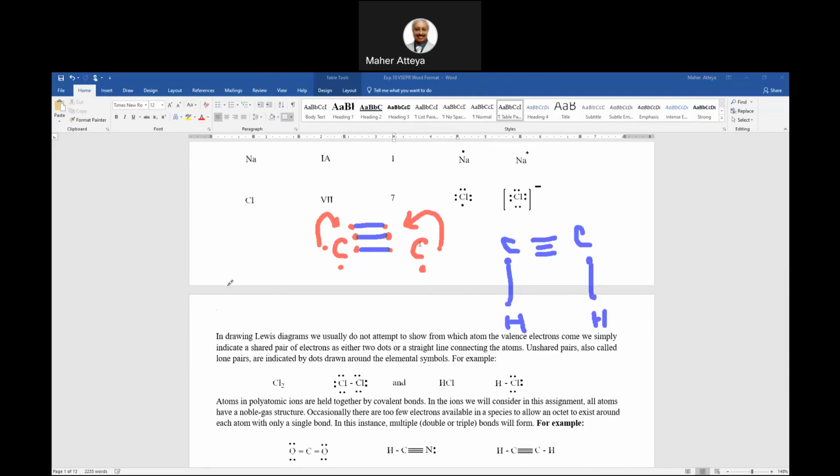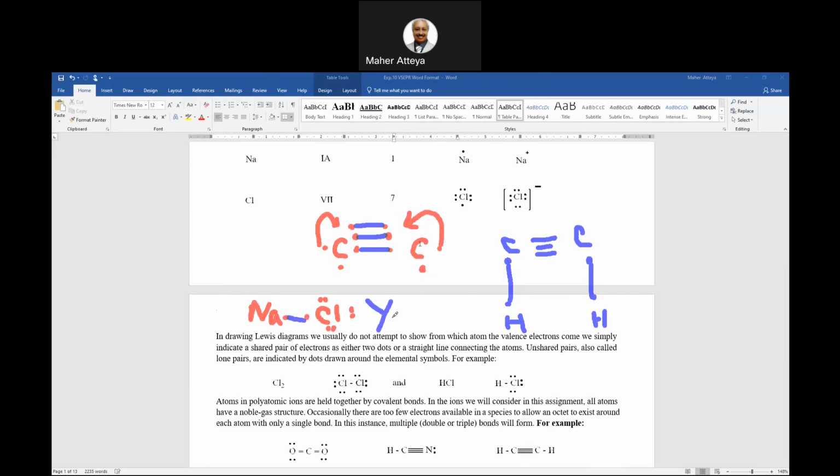So if I have sodium, correct? Sodium has 1 valence electron. Then I have chlorine here, in the 7th group, 7 valence electrons. Now, can I put this one here like this?